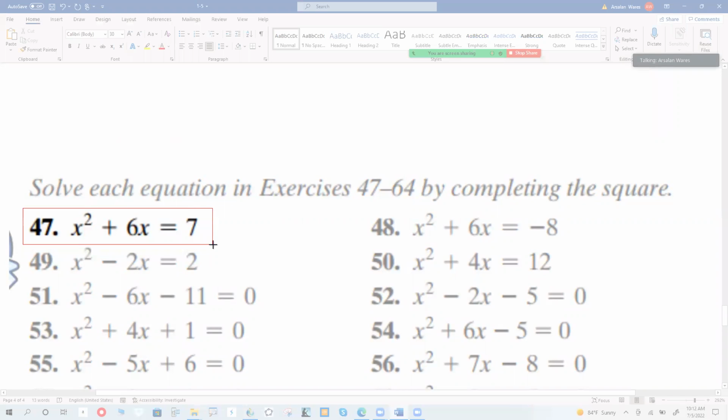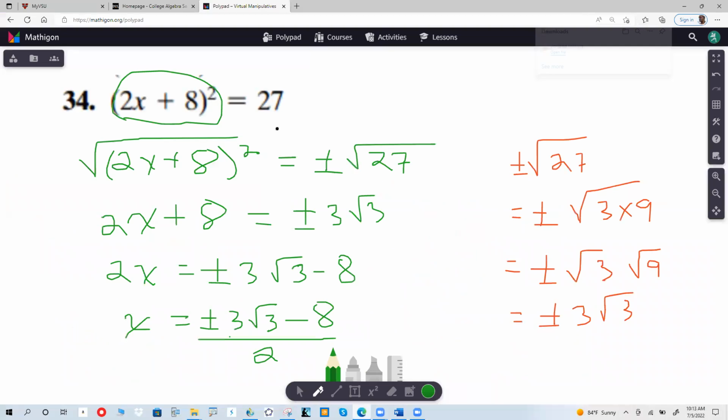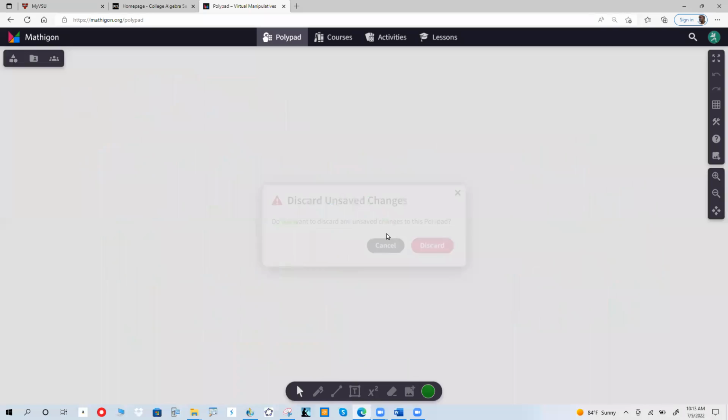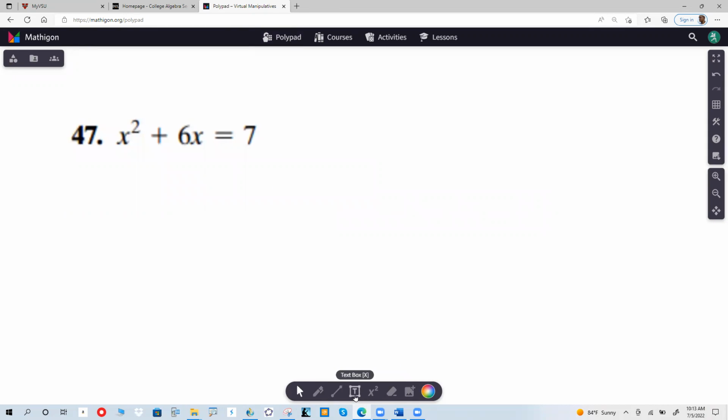Let's take an example, number 47. We're going to do it by completing the square. What is that supposed to mean? I'm going to write it nicely here so that you know that's what we're doing. Completing the square. How do we do it, guys?